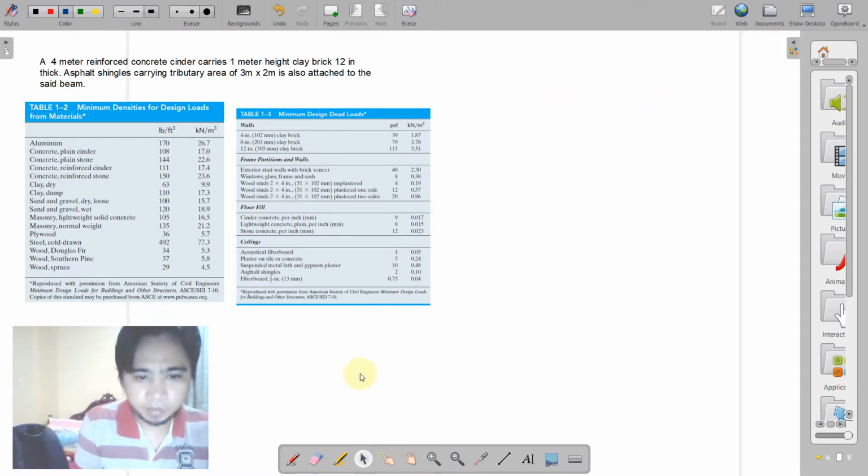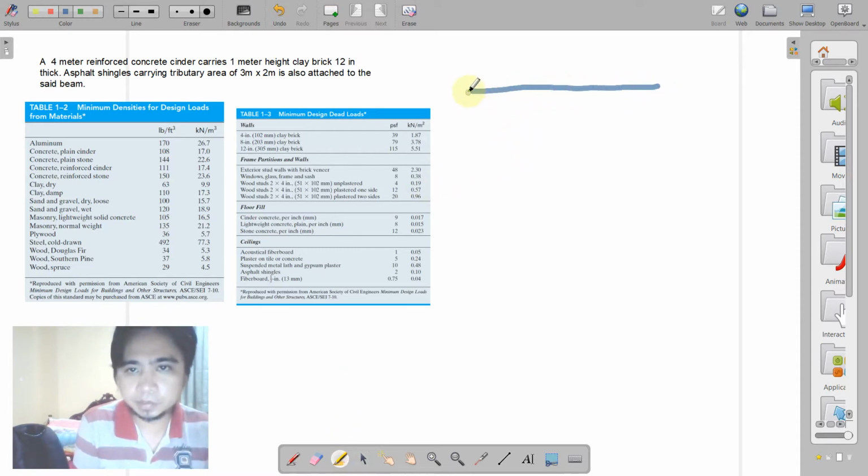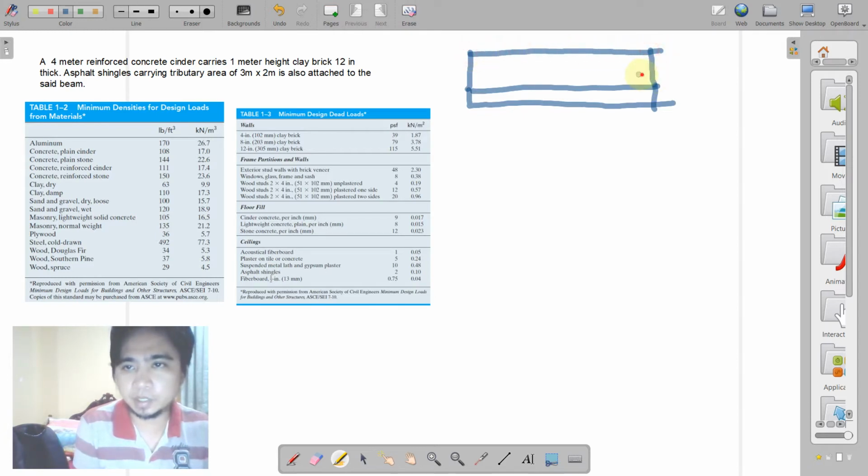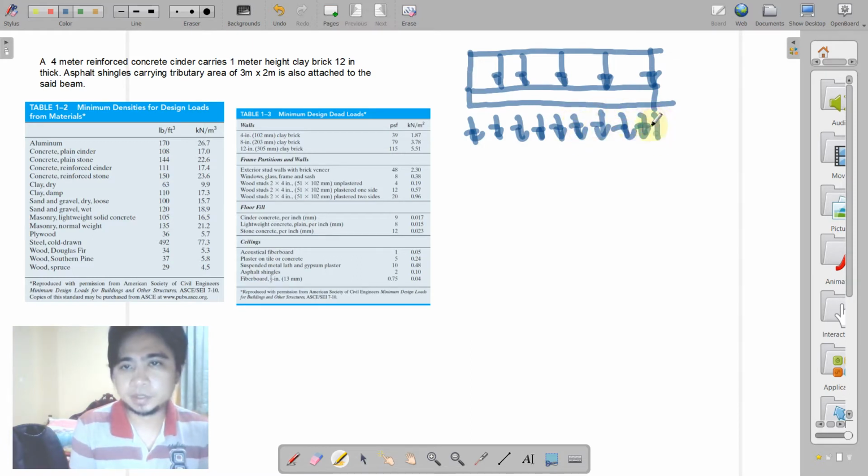Perhaps we will have a beam. This is a beam carrying, first, a distributed load caused by the wall, which is 1 meter high, and at the same time it has a ceiling load beneath the beam, an asphalt shingle kind of ceiling.